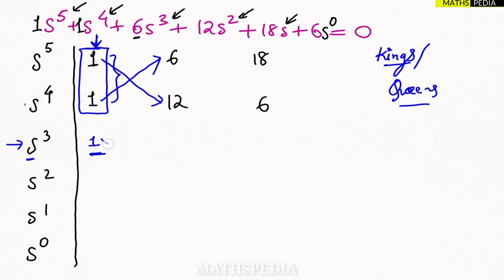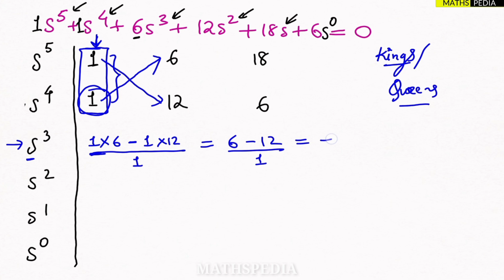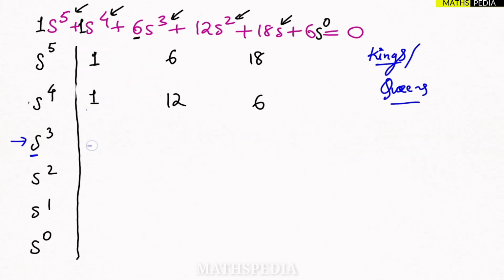Bottom is 1 into 6, put a minus sign, always minus sign, then you multiply top king into the bottom one, the whole divided by the bottom king. How much will it be? 6 minus 12 by 1, which is minus 6 by 1, which is minus 6. I don't have space for this much calculation, so I'll just write there minus 6.